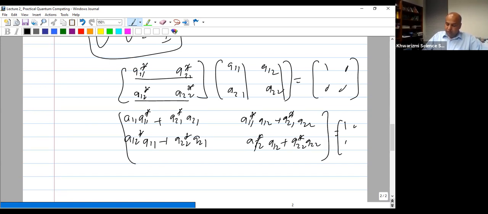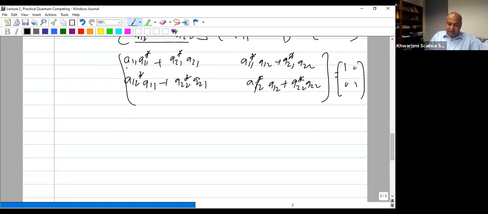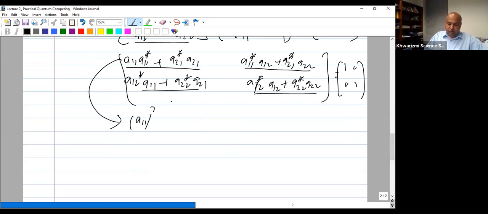Now, for this to be an identity, this term has to be 1, and this has to be 1, and these two have to be 0. So let's see what this is. This is nothing but A11 absolute square plus A21 absolute square. So this has to be 1. Similarly, this gives us that A12 absolute square plus A22 absolute square has to be 1.